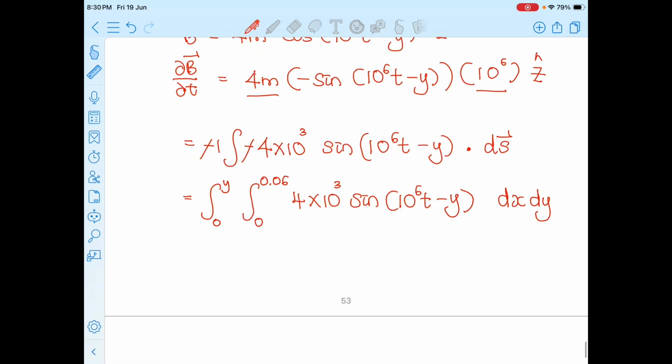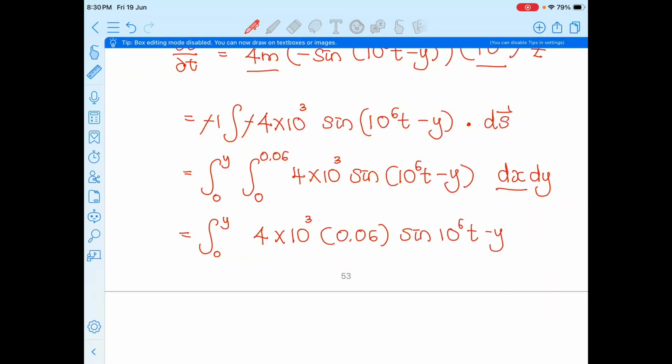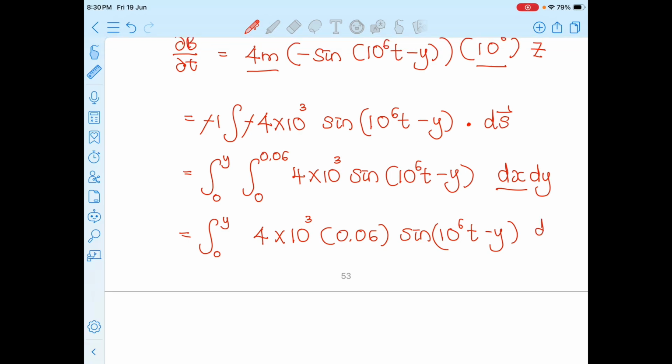So for the first integration with respect to the x, we will have 4 multiply 10 power 3 and multiply 0.06, because you integrate with respect to the x and there is no x here, and then sin 10 power 6t minus y. So this is the y.